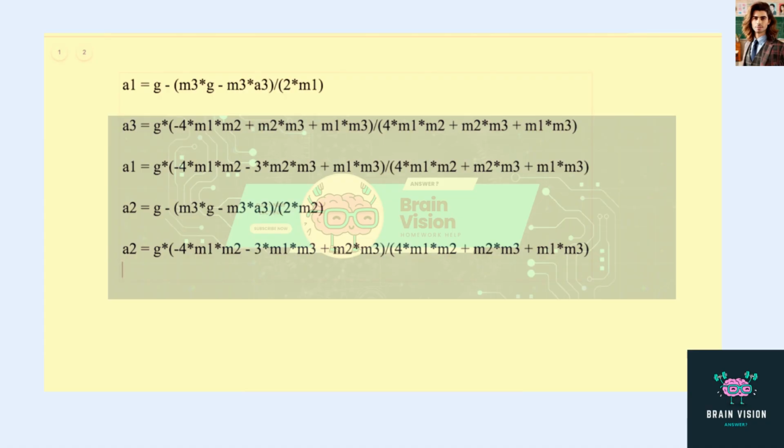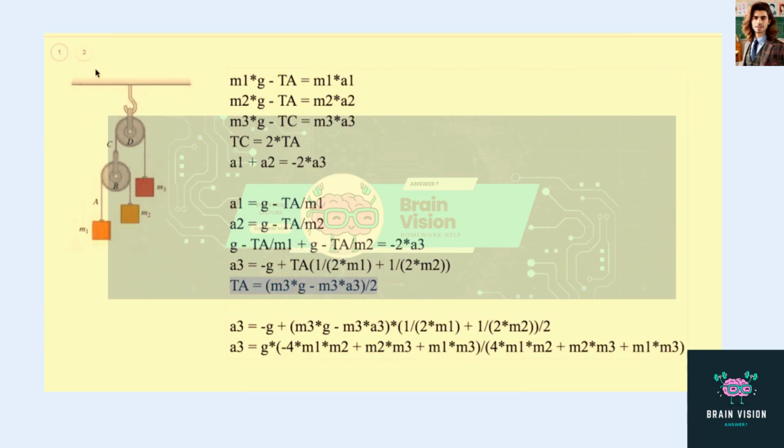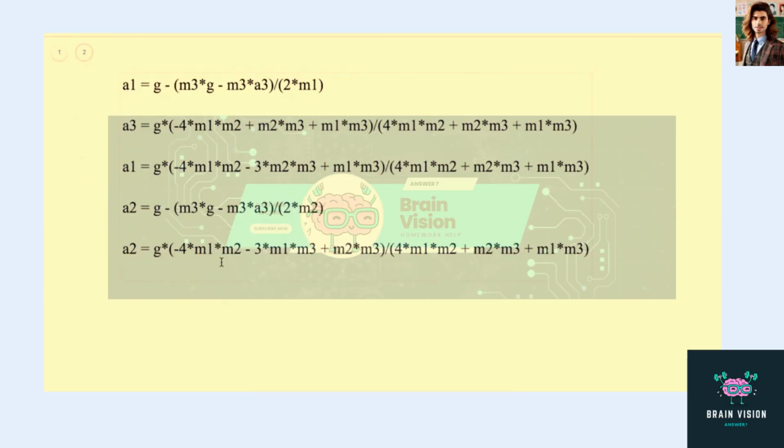Now, part E asks for the tension in string A. So this is this equation that I keep copying over, which we had right here, TA. So we have conveniently found this already in terms of everything that we want. We just want to plug in our A3 here.